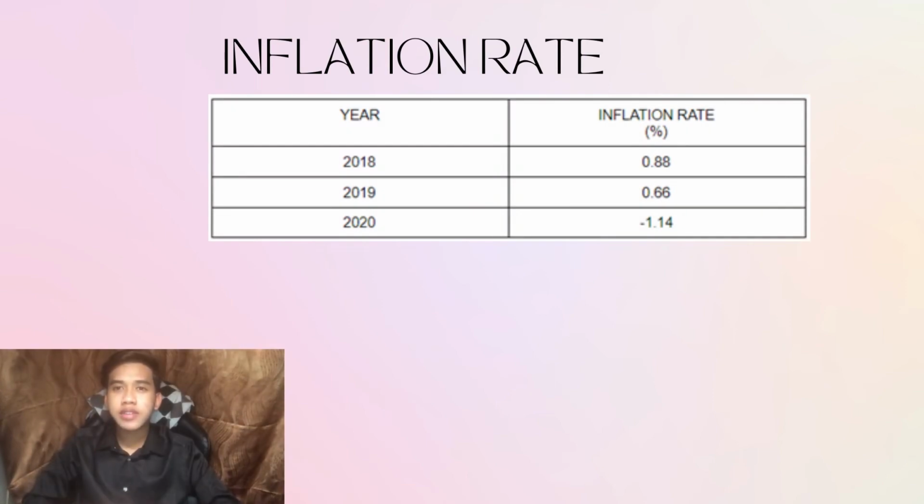This is the inflation rate table. Inflation is the gradual loss of currency buying value over time. The increase in the average price level of a basket of selected goods and services in an economy over time can be used to calculate a quantitative estimate of the rate at which buying power declines.